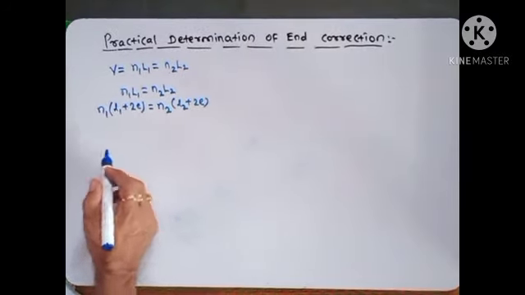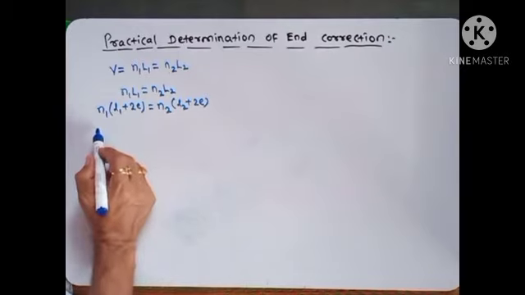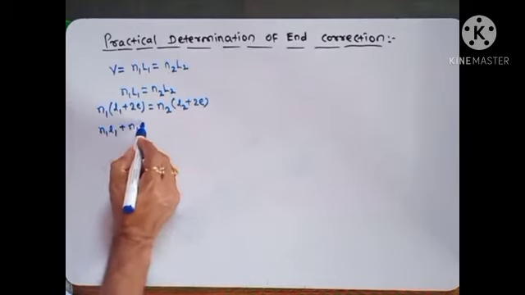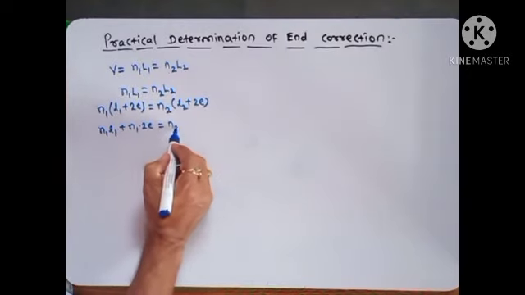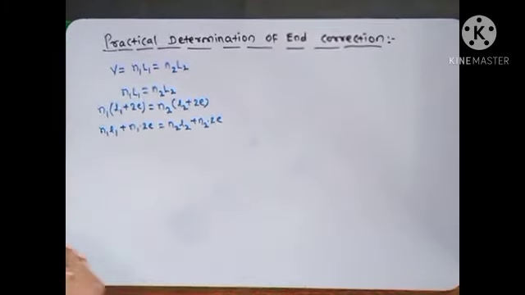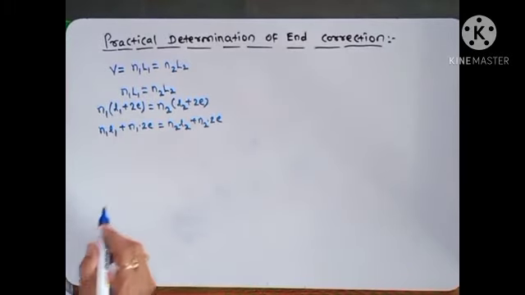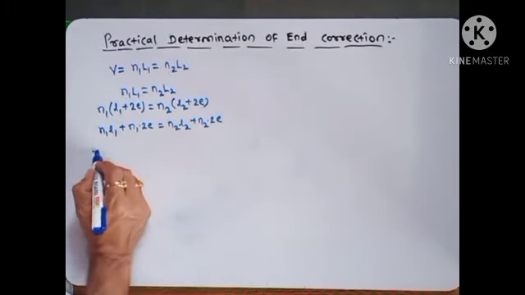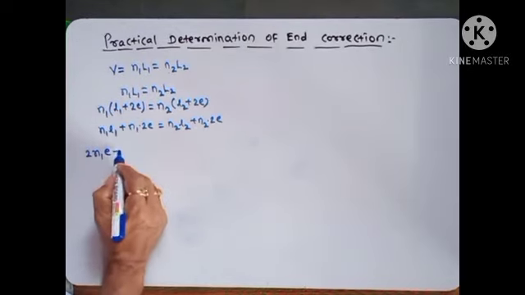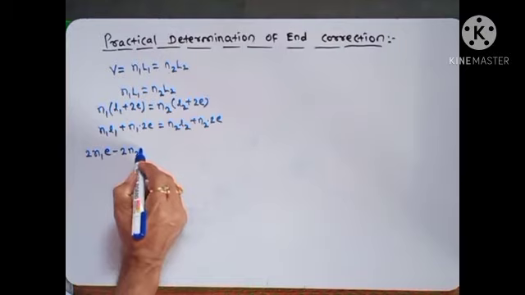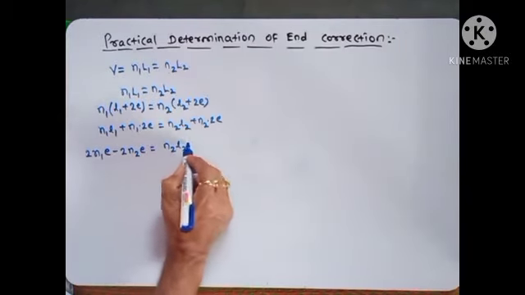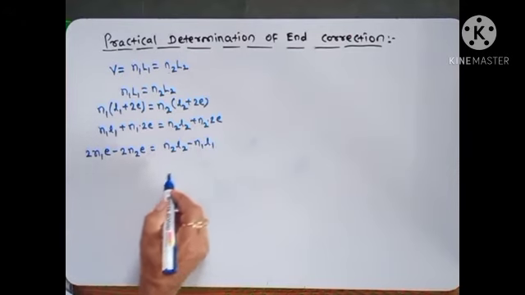And if we solve this, N1 L1 plus N1 into 2E is equal to N2 L2 plus N2 into 2E. Or, twice N1 E on this side minus twice N2 E is equal to N2 L2 minus N1 L1.